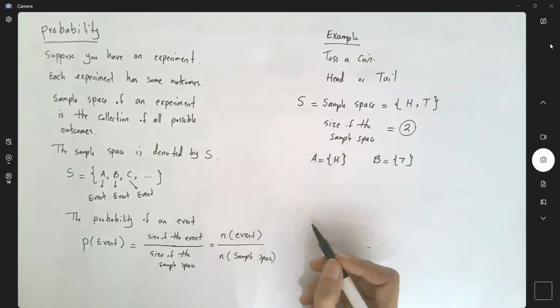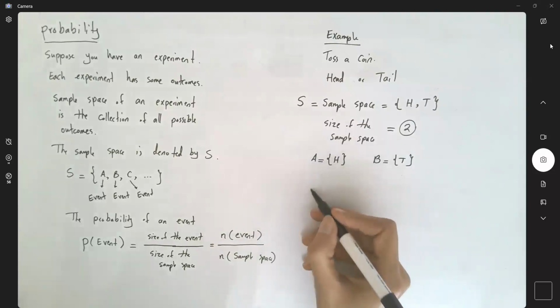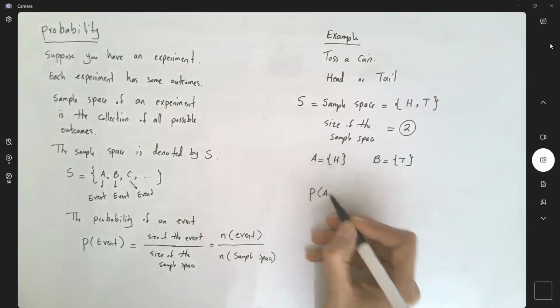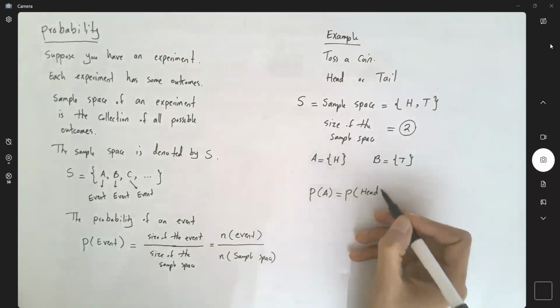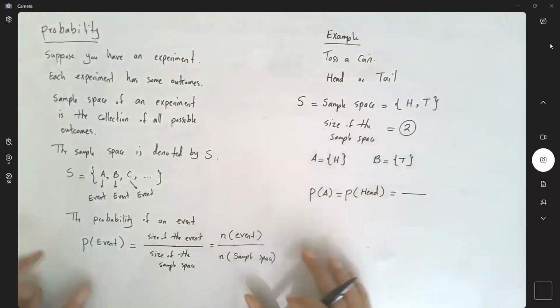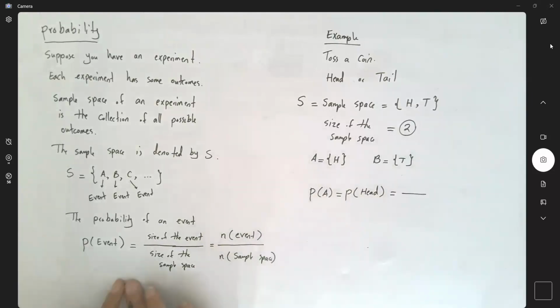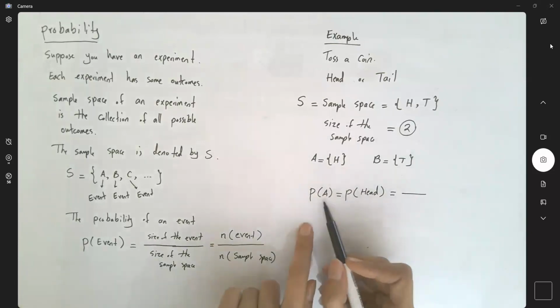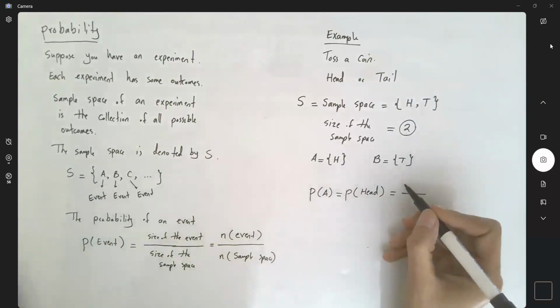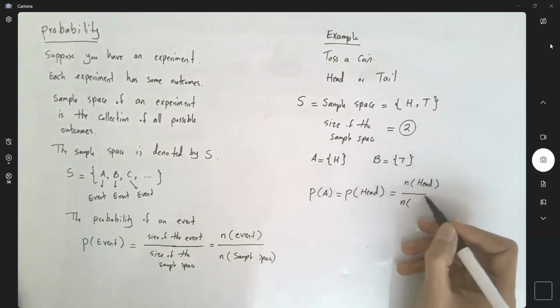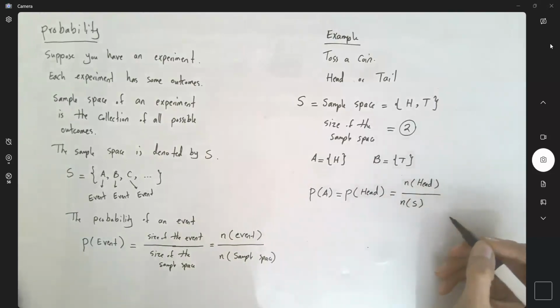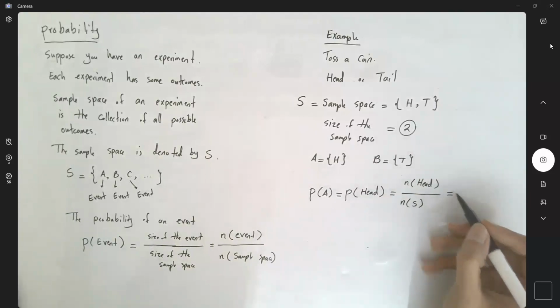So let's go back to our example, tossing a coin. Suppose I ask you to find the probability of event A, which is basically the probability of a head. We're going to say that, hey, based on the formula that we learned here, the probability of an event is the size of event head divided by the size of sample space S. How many heads do we have?